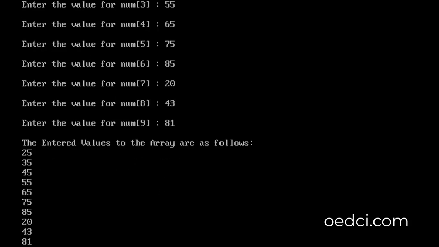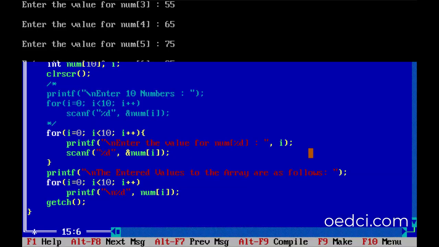All have completed. So in this program we have understood how to input values to a single dimensional array and how to display the values from the single dimensional array.